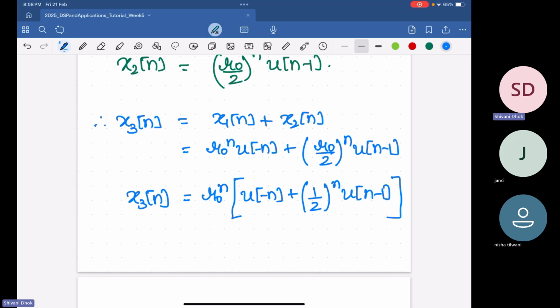So this was the last question that I planned to cover today. If you have any questions, then let me know. Show me the time shift property formula, ma'am.